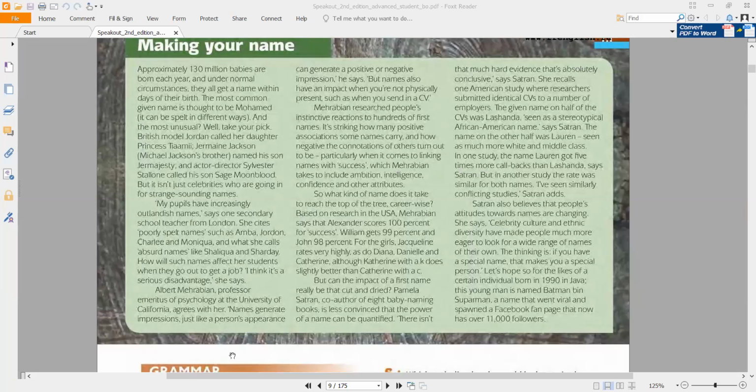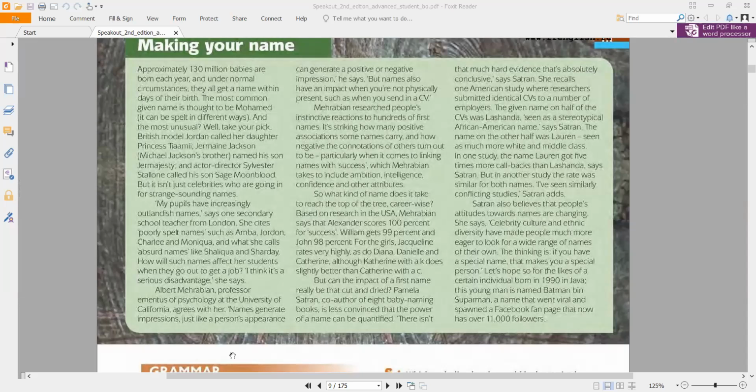So what kind of name does it take to reach the top of the tree, career-wise? Based on research in the USA, Meherban says that Alexander scores 100% for success. William gets 99% and John 98%.